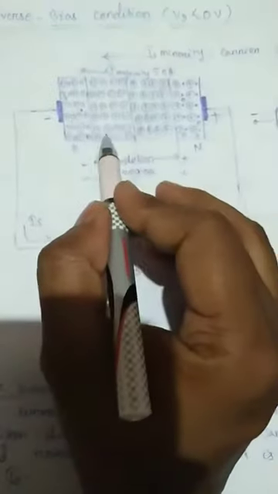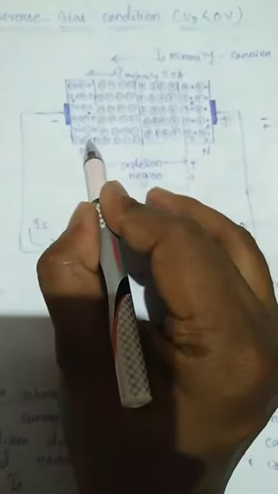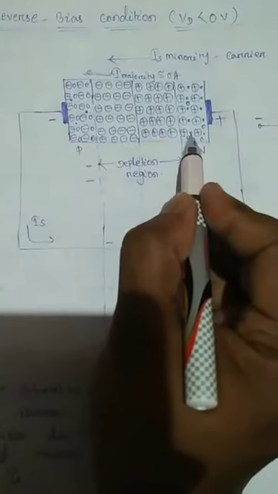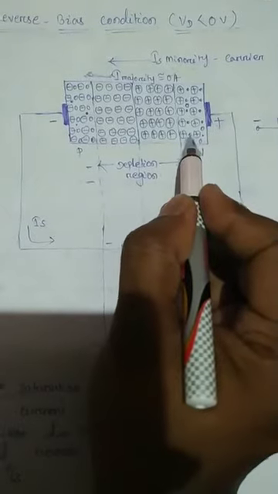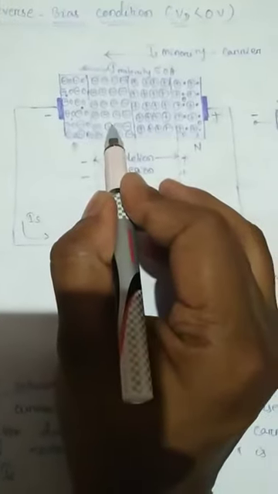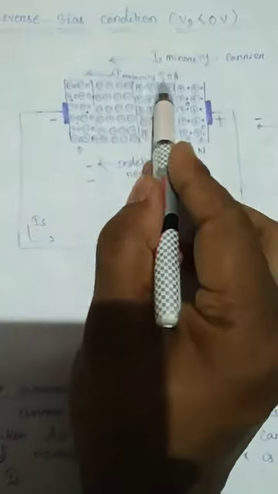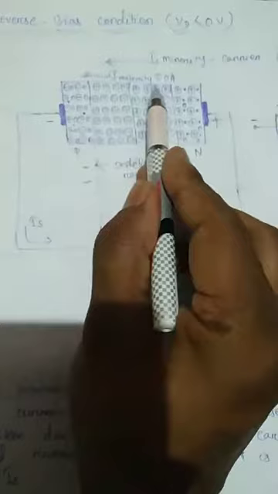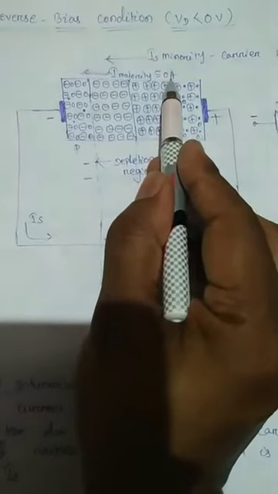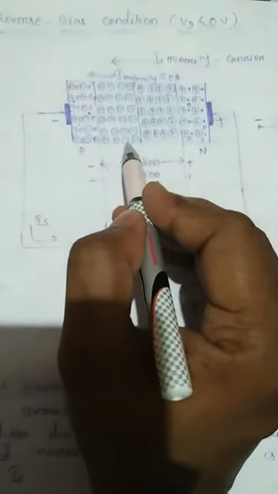So that means it will create a high resistance path for the diffusion of the majority charge carriers. As a result, the diffusion current will be 0. That means the current due to majority charge carriers is 0. As you see, I majority is nearly equal to 0 ampere. There will be no current flow through the diode due to the majority charge carriers.